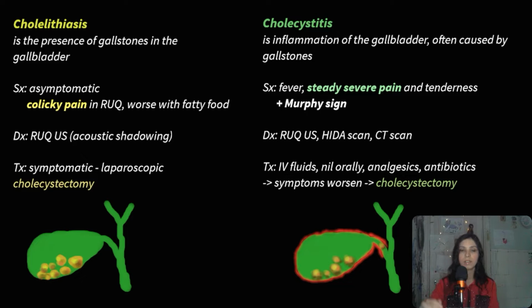Okay, next is treatment. If it's asymptomatic, usually there is no treatment. But if it's a large stone, more than 3 centimeters, or it's a porcelain gallbladder, when the wall of the gallbladder is like a stone, very hard, then it will be cholecystectomy.